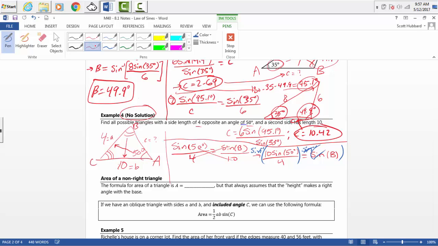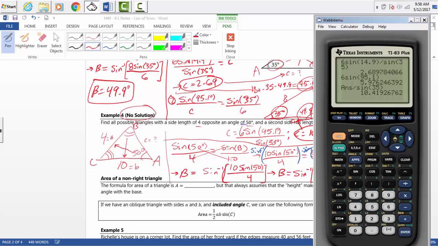So now what we have is b is equal to sine inverse of 10 sine 50 divided by 4. Okay, let me show you what that is. So I have b is equal to sine inverse of, let's show that on the calculator.